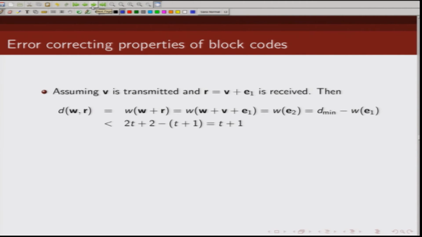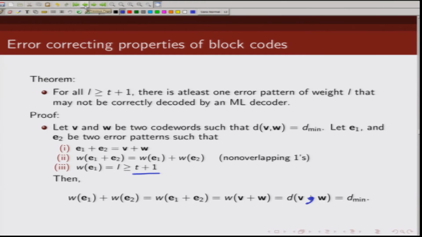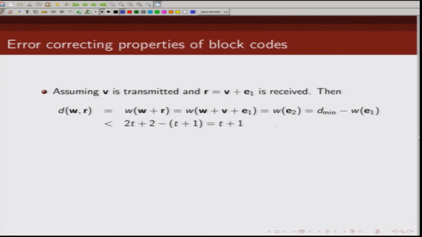And what is the weight of E2? From this relation we can see the weight of E1 plus the weight of E2 is d min. So, the weight of E2 is d min minus the weight of E1. Now, d min is less than or equal to 2t plus 2 and the weight of E1 is at least t plus 1.